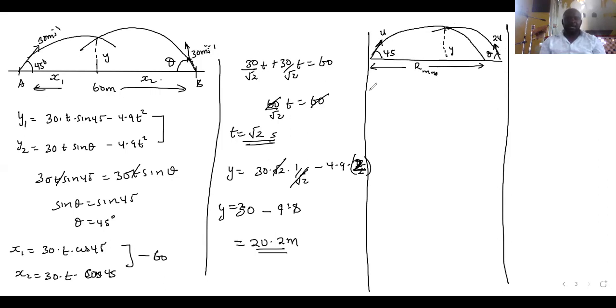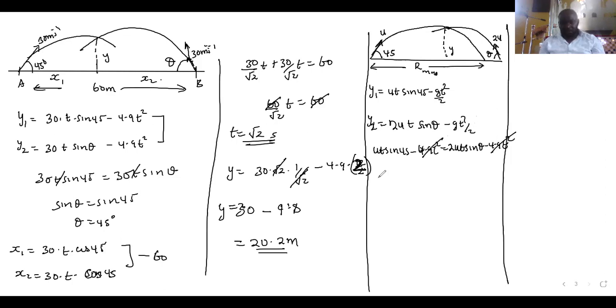Remember we said when they collide, the first height for the first one is ut sine of 45 minus gt squared over 2. The second one, y2, is 2u t sine of theta minus gt squared over 2. When you equate the two, you'll get ut sine 45 minus 4.9 t squared is equal to 2ut sine theta minus 4.9 t squared.